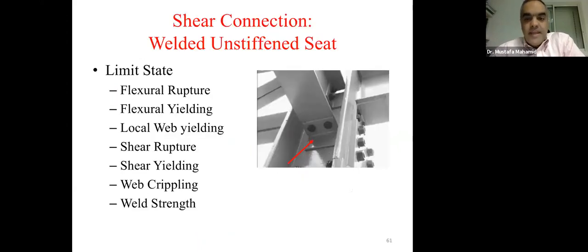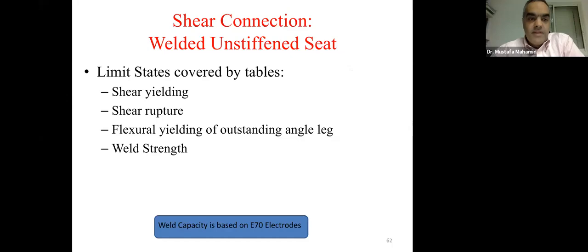This is a welded and unstiffened seat connection, as you can see. So the supporting part is welded to the column, not bolted. Okay, so here we have flexural rupture, flexural yielding, local web yielding, shear rupture, shear yielding, web crippling, and weld strength as the limit states.